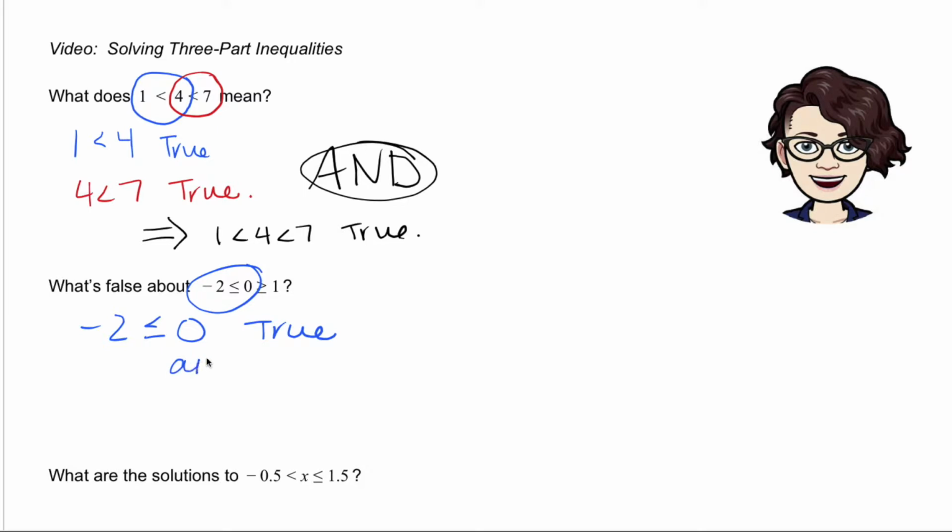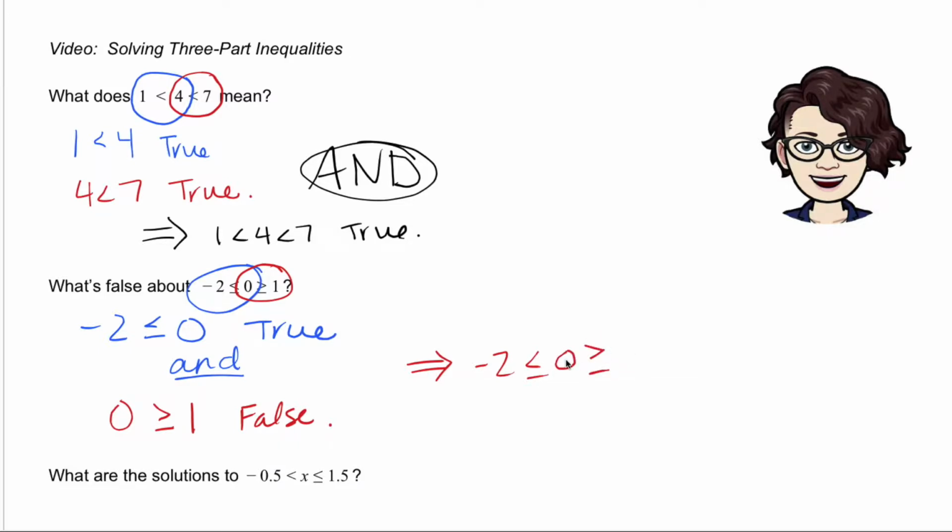But we have this and in here. The second part has to be true. 0 greater than or equal to 1. That is false. That's not a true statement. So this implies that this overall statement just doesn't work.